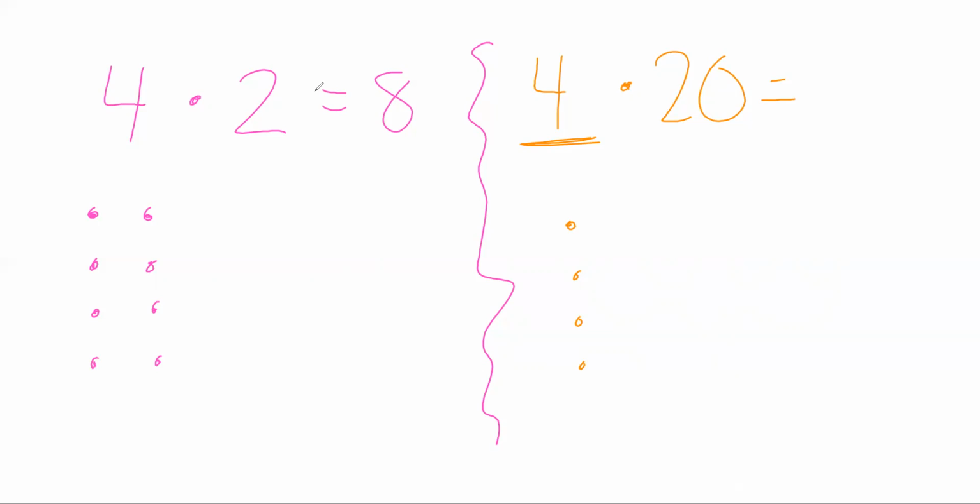Now, instead of counting 1, 2, 3, 4, 5, 6, 7, 8 and counting on forever, what I can do is erase that and build another model, another frame, to help me. Here's a bit of a frame. I can show 20 as 2 tens.